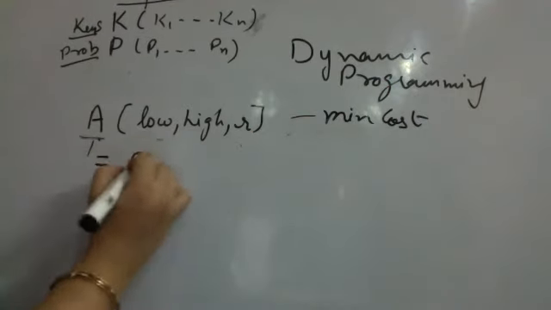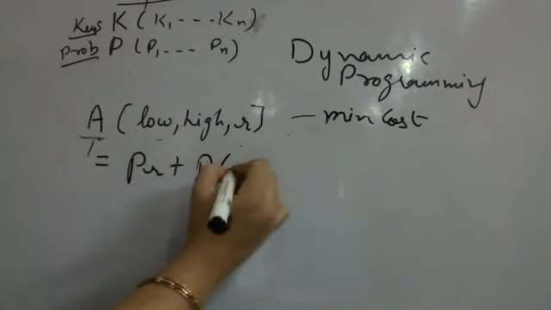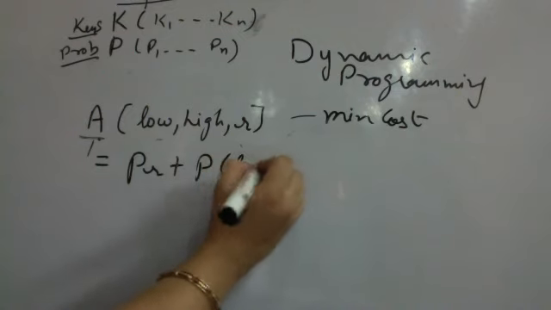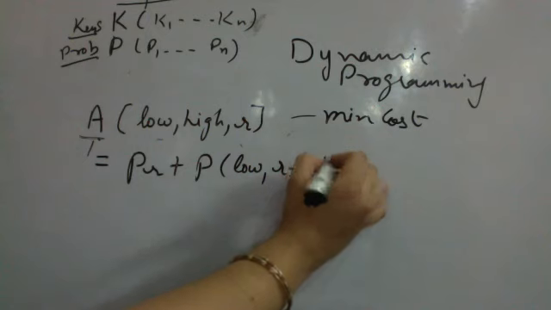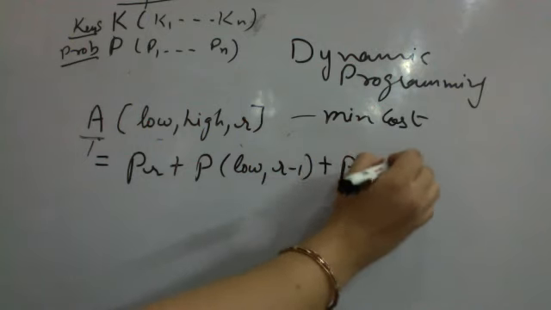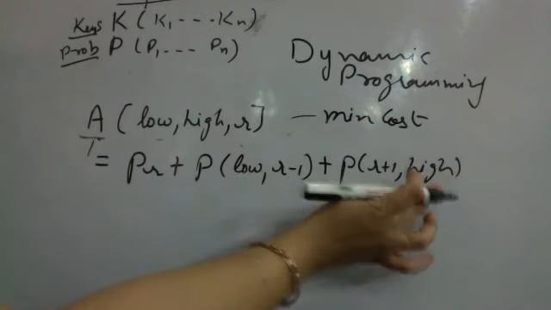This will be equal to probability of the root plus the cost of keys running from low till root minus 1, I am breaking the tree into 2 halves now, plus the cost from root plus 1 to high, the left half of the tree and the right half of the tree.